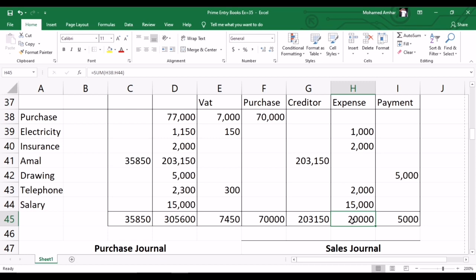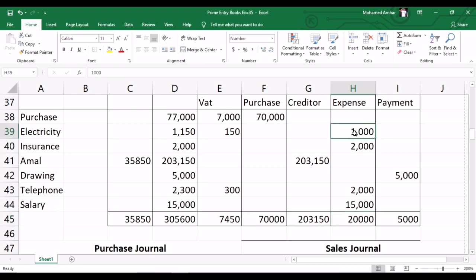If our stakeholders ask what this expense 20,000 is, we don't know, because we only wrote the total amount. So we have to record the expenses on the debit side of every expense account.